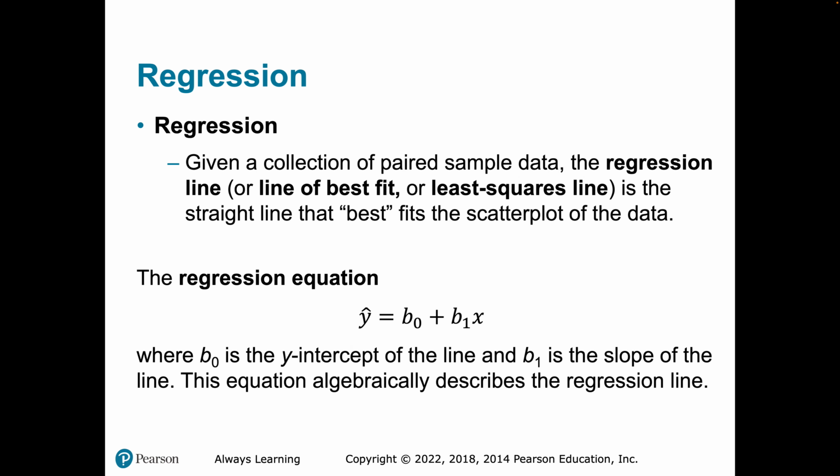Now, the next thing we do in correlation and regression is we fit that line. That line that I told you we just kind of visualize, well, there's more to it than that. That line is actually called our regression model, or our regression line, or our regression equation, or the line of best fit, or the least squares model, the least squares line. All of these descriptors align with the straight line that best fits the scatter plot of the data.